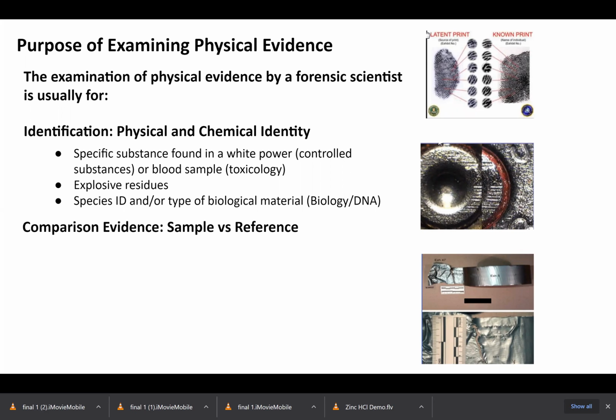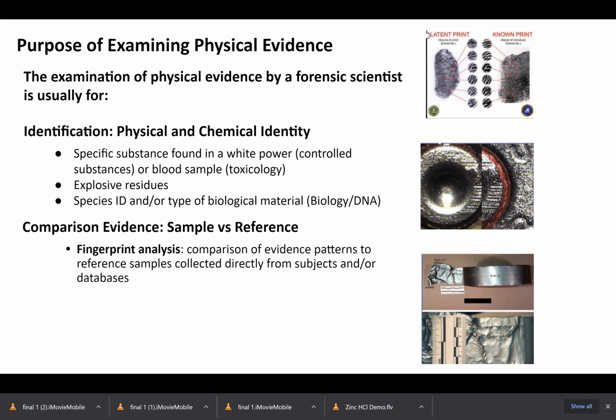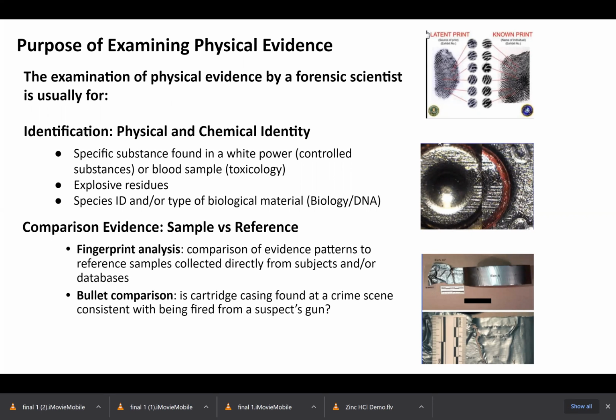Comparison evidence is also required by forensic scientists. For this you need a reference sample, like we talked about in chapter 4. Examples of comparison analysis are fingerprint analysis, which compares the evidence patterns to a reference sample collected directly from the subject and or databases. Bullet comparison: is a cartridge casing found at a crime scene consistent with being fired from a suspect's gun?